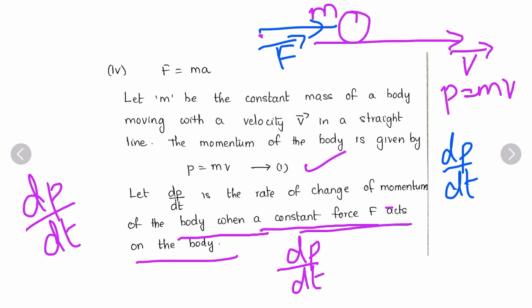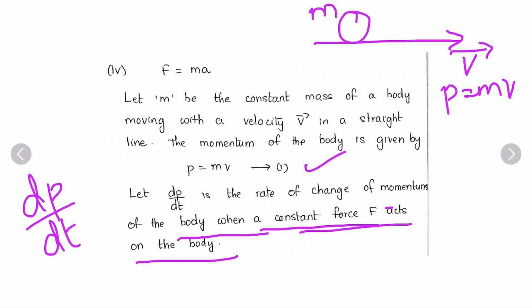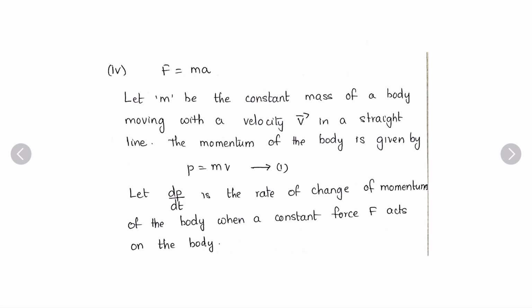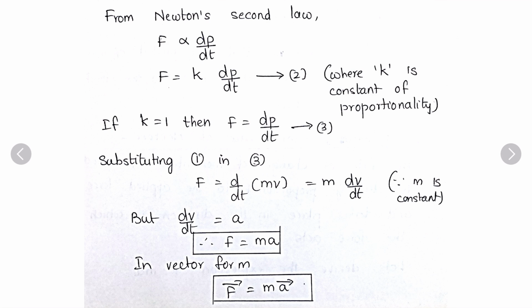So there is a body of mass m moving with a velocity v. Then a force F works on it, and there is a change in the momentum, let it be dp by dt. Now we have to prove F is equal to ma, that is, force is equal to mass into acceleration. From Newton's second law, F is directly proportional to dp by dt.